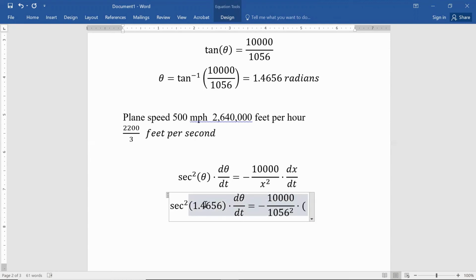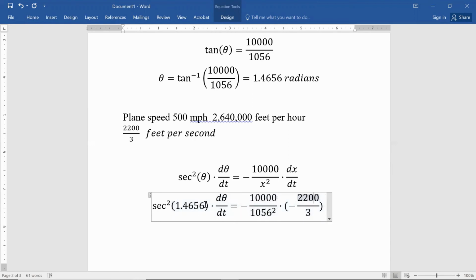The rate of change is 2,200 over 3. But remember, I have to make that a negative because we're traveling left to right, or excuse me, right to left. And then I can solve.